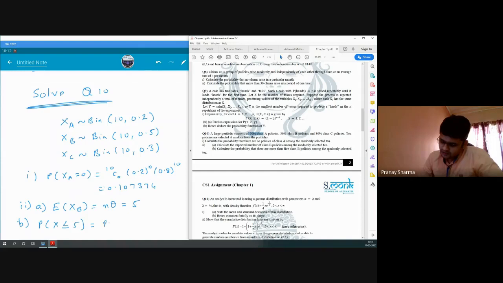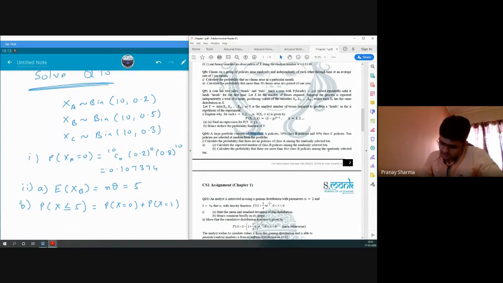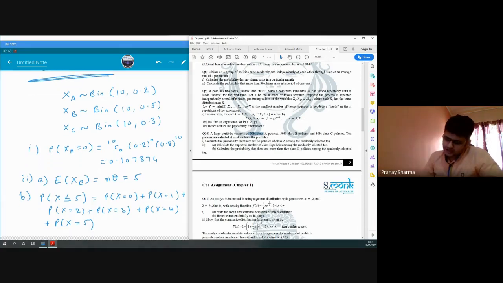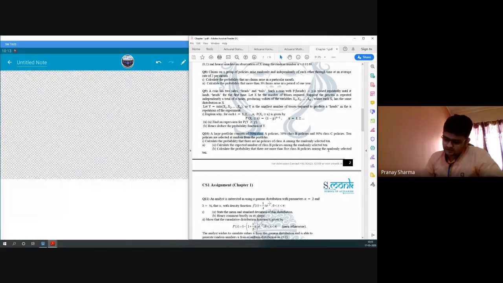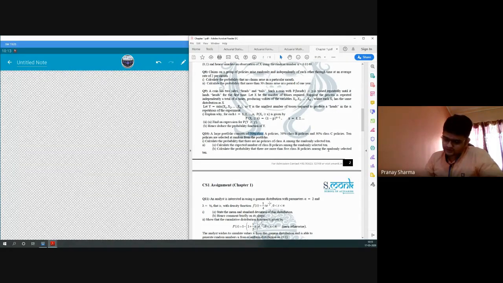So this is nothing but probability X equals 0 plus probability X equals 1 plus probability X equals 2, and so on. We'll be adding up these 6 values, or you can do 1 minus the greater-than values as well. That way you'll have a little bit less work, but this is how we'll be solving it.